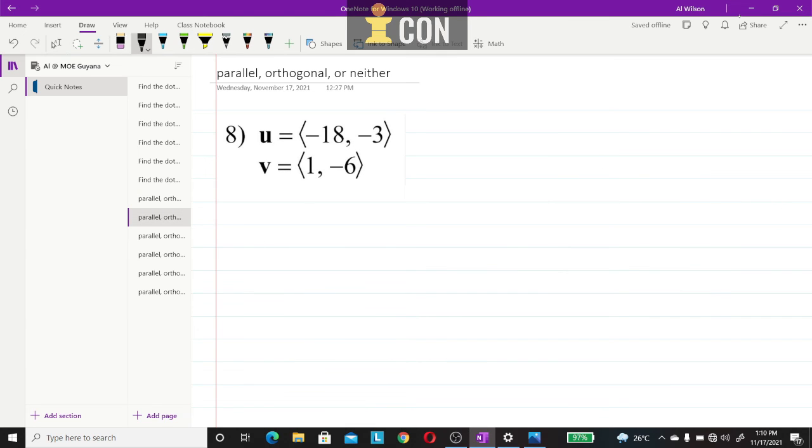So number 8, using our same approach, the magnitude of u is equal to minus 3 over minus 18. This is equal to 1 over 6, positive. Notice it's 2 divisions. And here we have the magnitude of v, which is minus 6 over 1, which is equal to negative 6. Since we have the negative reciprocals again, this is orthogonal.